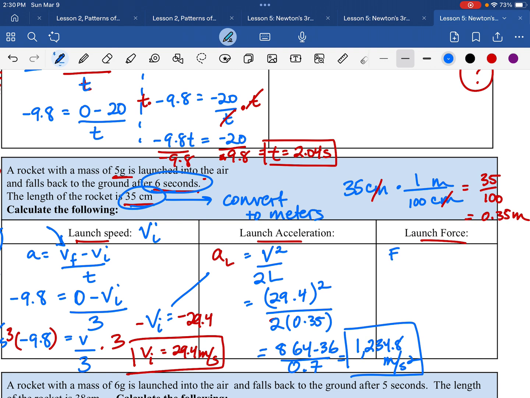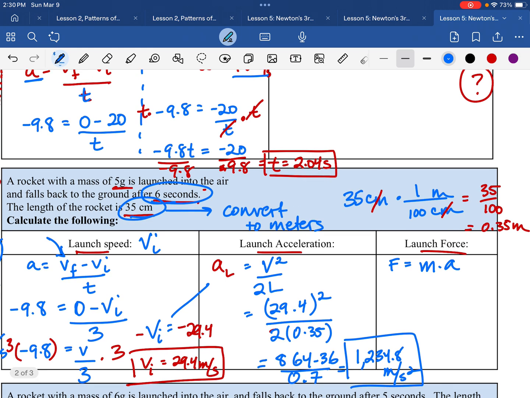Launch force, we're going to use force equals mass times acceleration. The mass of the rocket is 5 grams. We have to convert that to kilograms. We know there's 1,000 grams in 1 kilogram. So it's going to be 5 divided by 1,000, so it's 0.005 kilograms. So the force is going to equal 0.005 kilograms times this acceleration.